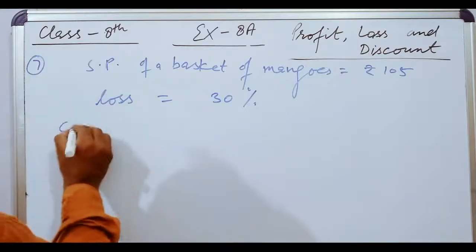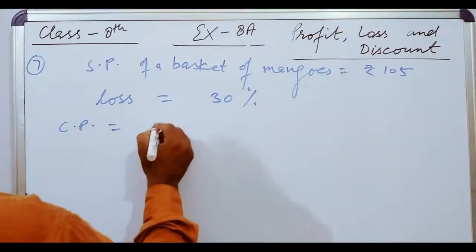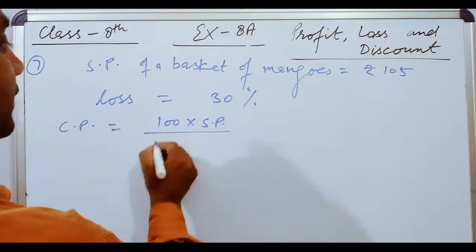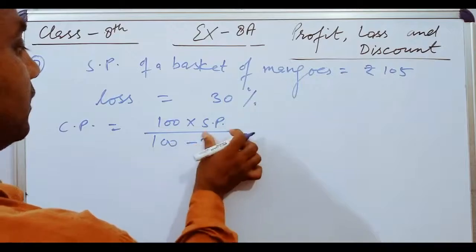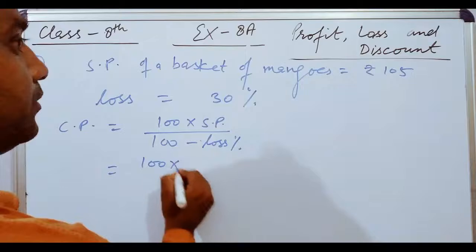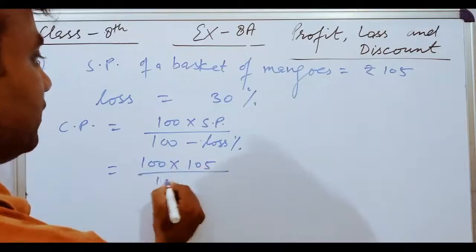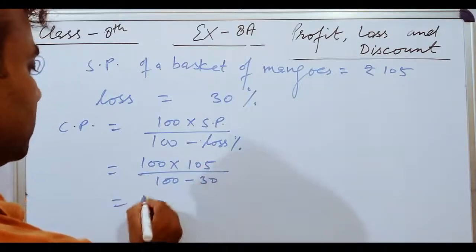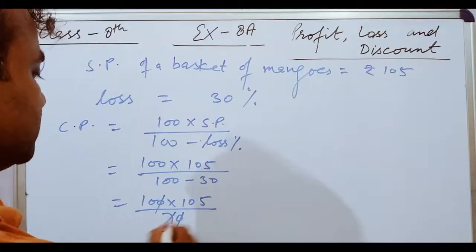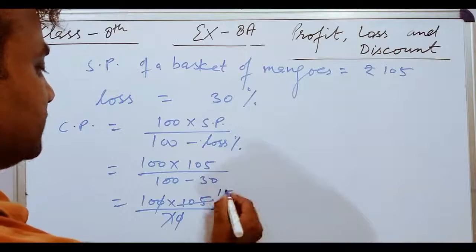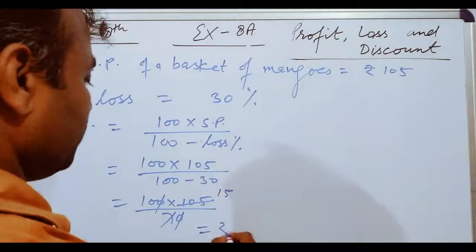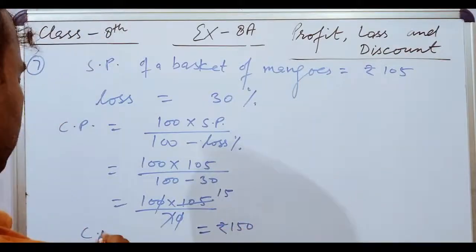First of all, we'll find the CP. CP equals 100 into SP upon (100 minus loss percent), 100 into 105 upon (100 minus 30), 100 into 105 upon 70. Zeros cancel. Then it is rupees 150 CP.